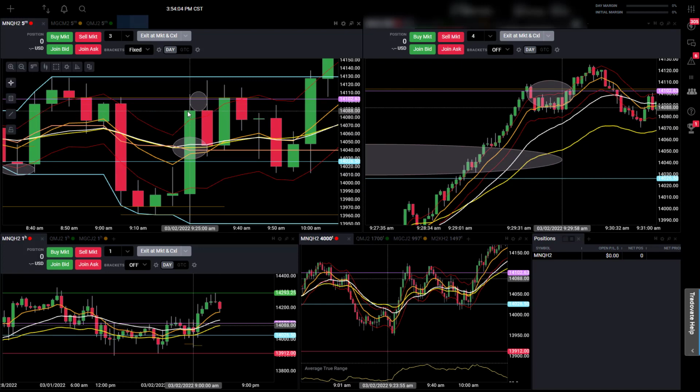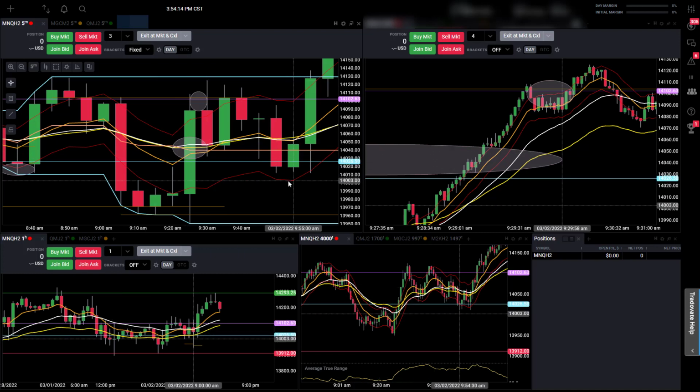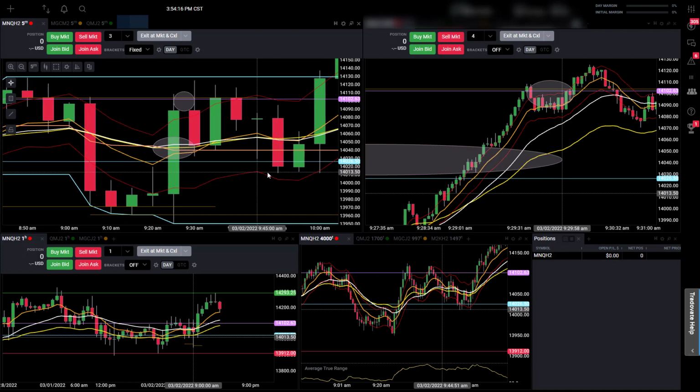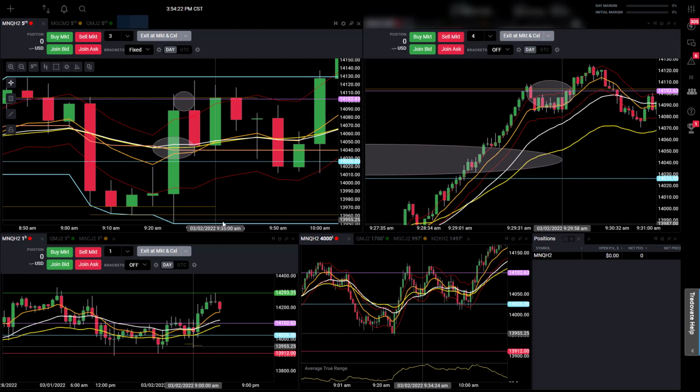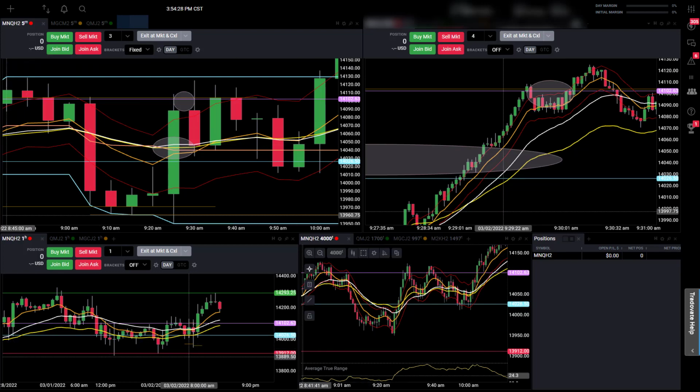Now, once it put in this big candle, and I said this on Discord, I said it's going for the opening range high. That's where it's going. And what do we have here too? And this is hard to see here. But there's a 50% line here: here's the opening range high, here's the opening range low, and the 50% line is, let me make that bigger here.